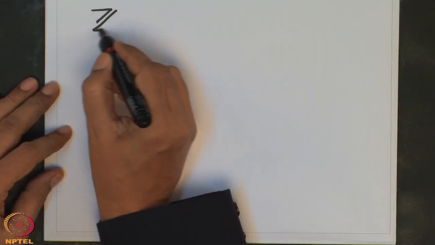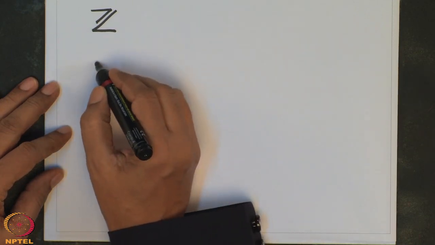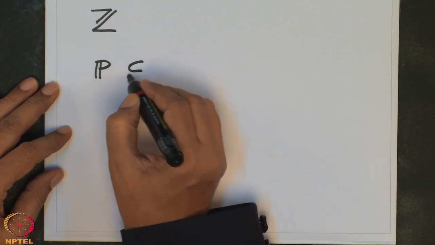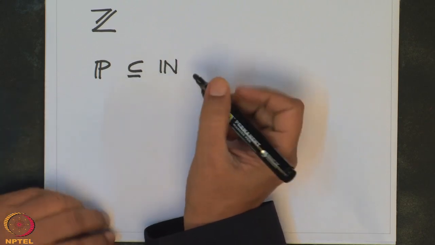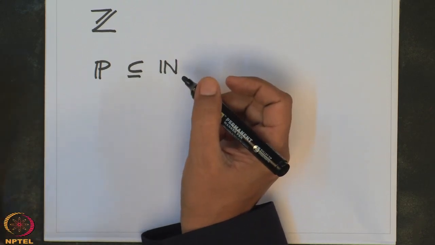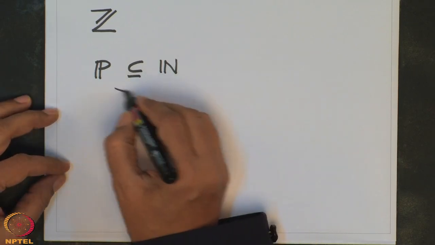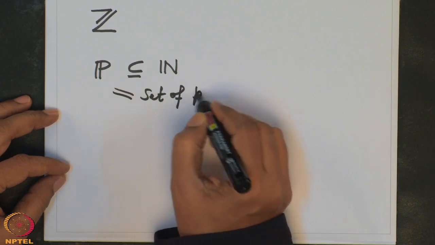Now, the most important thing that we have been using in our school days, I want to recall a couple of things about that. For example, in the ring of integers, I have defined what the prime numbers are. P is the set of prime numbers, a subset of N. That simply means, when we say prime number, by definition we assume they are positive.